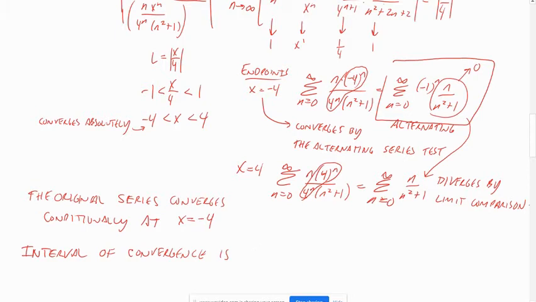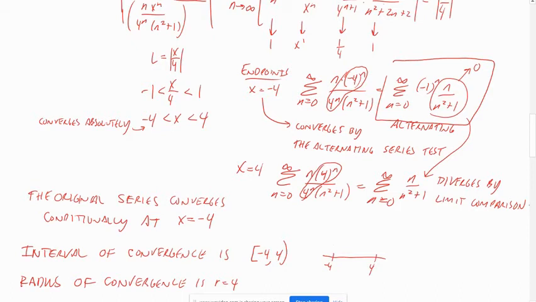Okay, so then our interval of convergence: we said it converges at -4, but diverges at +4. So that's going to be our interval of convergence. And the radius of convergence is 4, because think about this on a number line from -4 to +4.